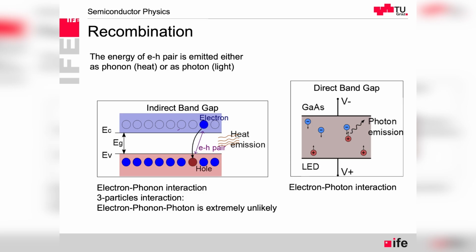So it's electron-phonon interaction, and it is very unlikely to have three-particle interaction: electron, phonon, and photon. So that's why we have mainly heat emission and an extremely small probability of emission of a photon. Whereas in the direct band gap semiconductor, we don't have the phonon interaction, but it will be electron-photon interaction.